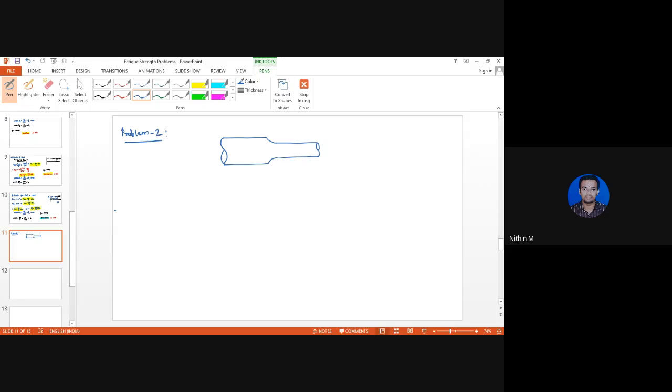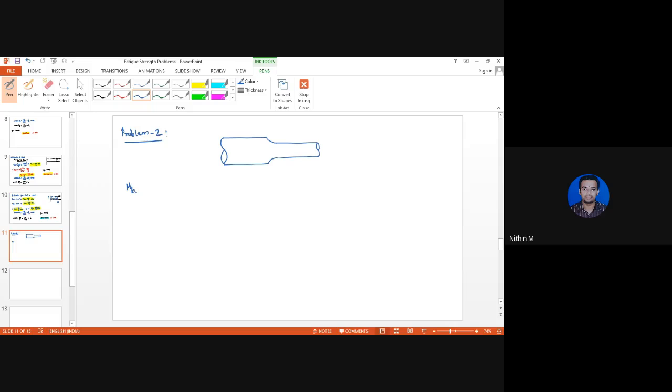So here the sign convention that we will follow: let us consider the bending moments that are clockwise in direction to be positive and those that are counterclockwise to be negative. It is up to you; you can even reverse the sign convention if you wish. So according to our sign convention, the load being applied is a bending moment.